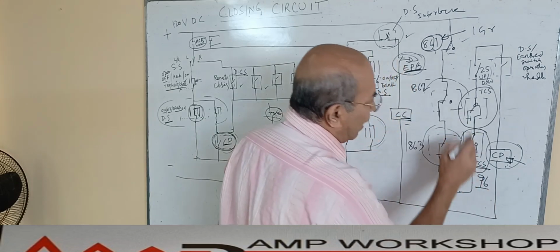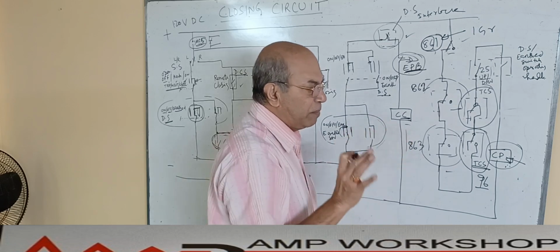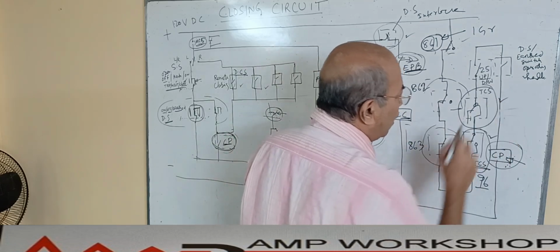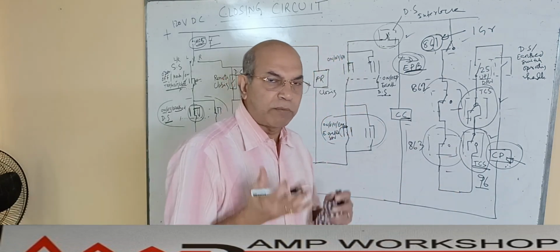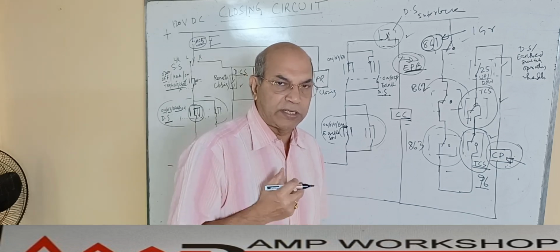So there are two trip coils. I have considered that this switchgear has two trip coils, trip coil 1 and trip coil 2. Normally the trip coil supervision relay is a normally energized relay. It is always energized.